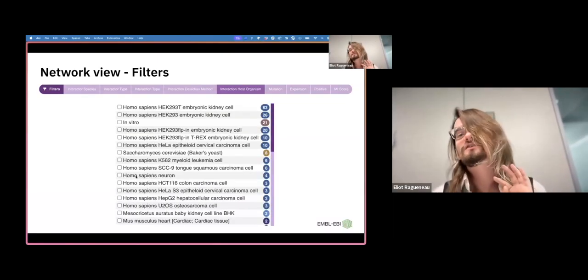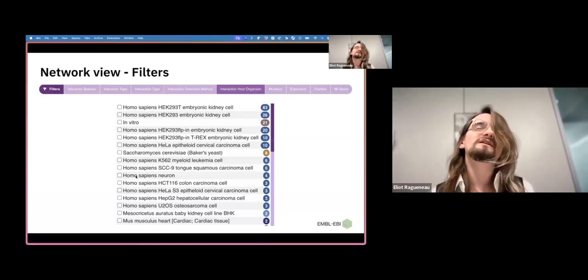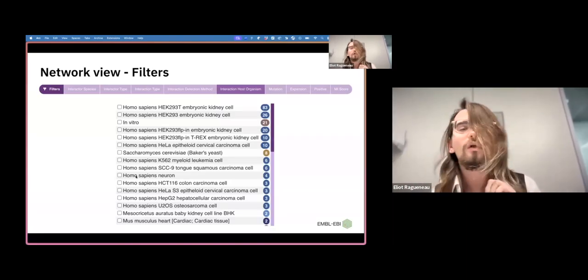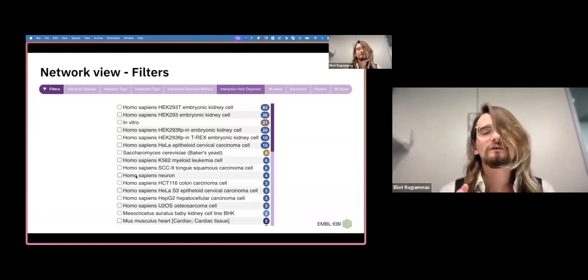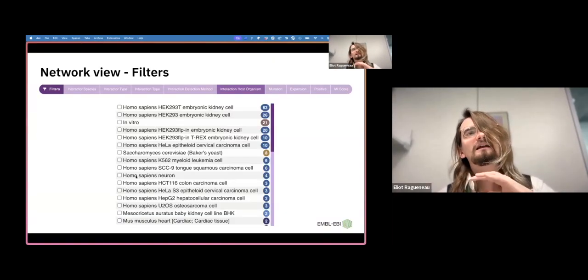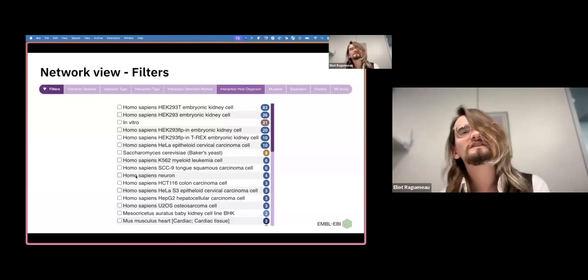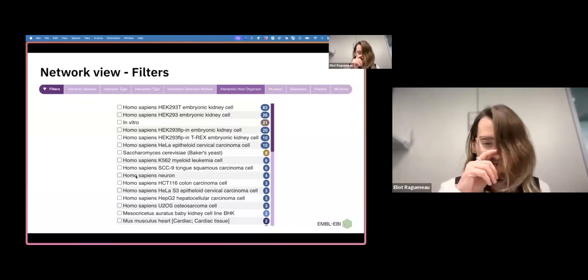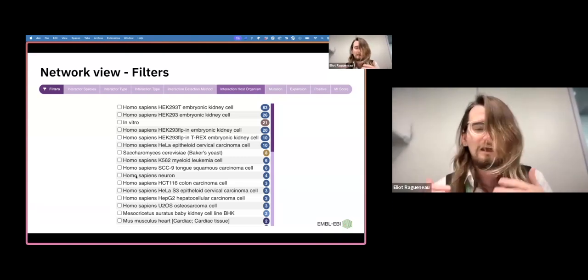You have also the interaction host organism. So actually, most experiments are performed either in vitro or in a specific cell line of a species, and sometimes the fact that it is expressed in a human cell will have some impact on the interaction, or the fact that it is expressed in such a type of cell can have an impact.